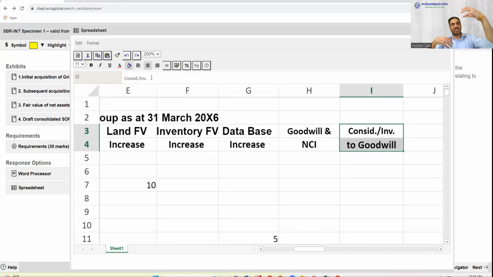Net assets debit means assets debit, liabilities credit. All cost of investment is closed, NCI credit, and the balancing figure is goodwill if it's debit. So it's very simple.